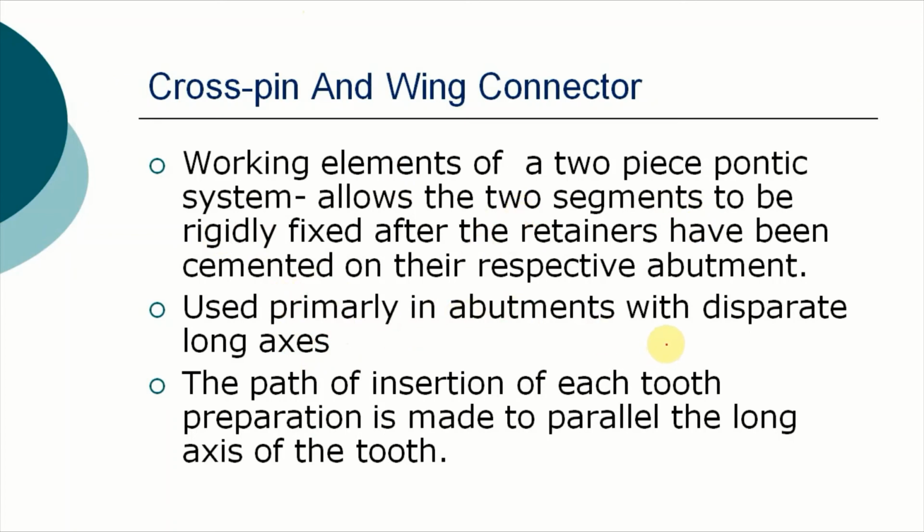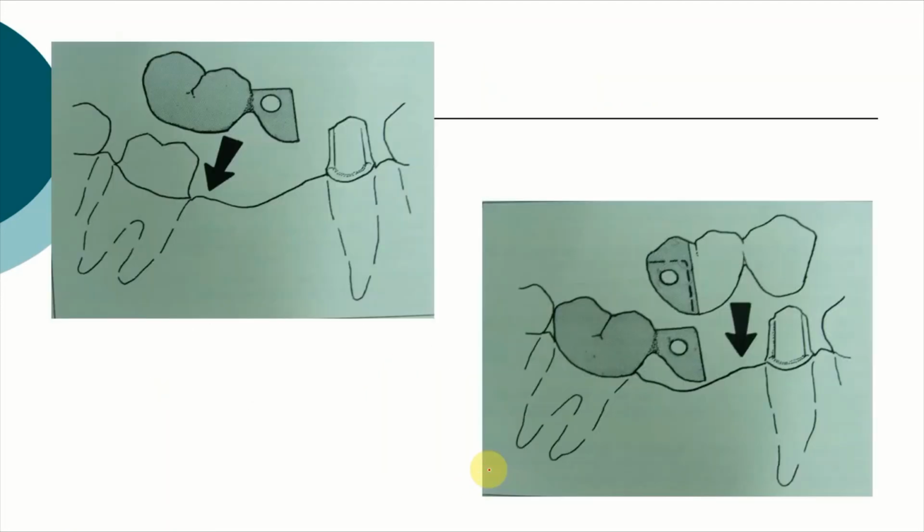The path of insertion of each tooth preparation is made parallel to the long axis of the tooth. That is, the long axes of the teeth are different. So first, the distal part is fabricated, even though in the other two methods, the mesial part was fabricated first.